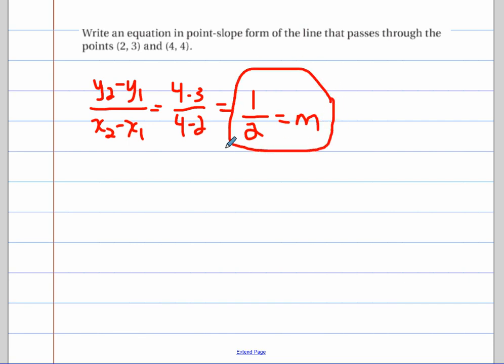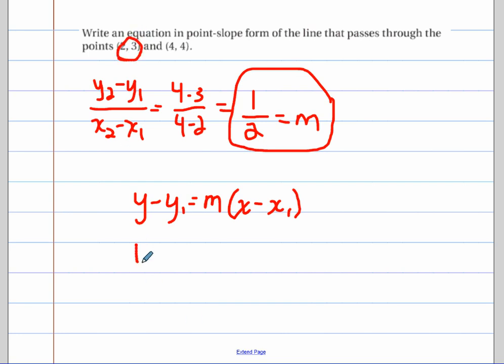Okay, now it's time to just plug it into that point slope form, y minus y1 equals m times x minus x1. So I'm going to plug in my information. I'm going to pick one of my points. In this case, I'm just going to pick (2, 3).